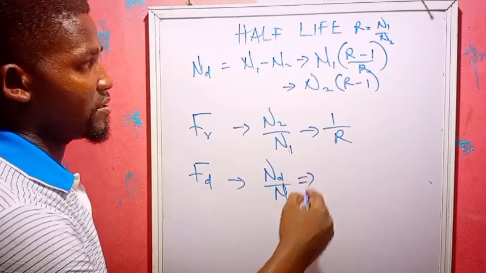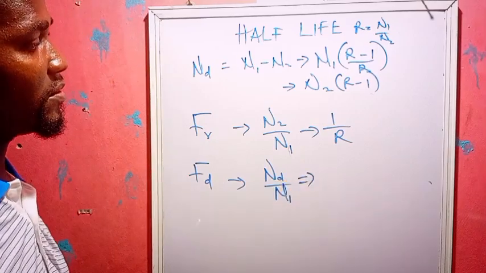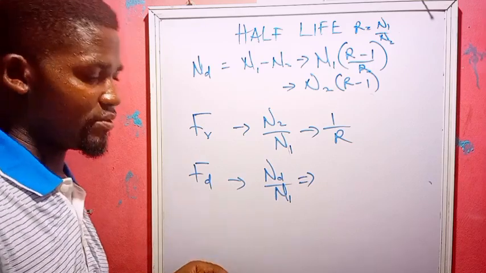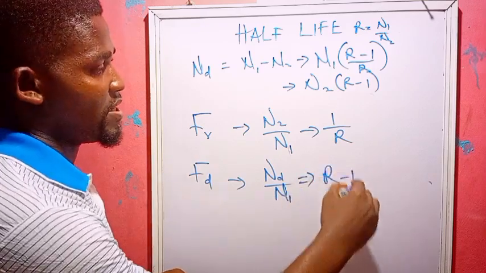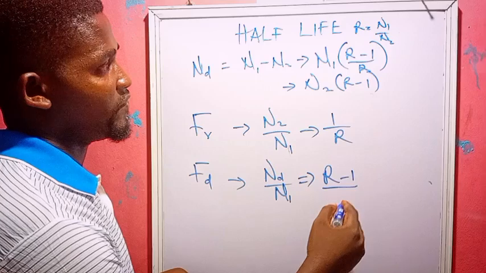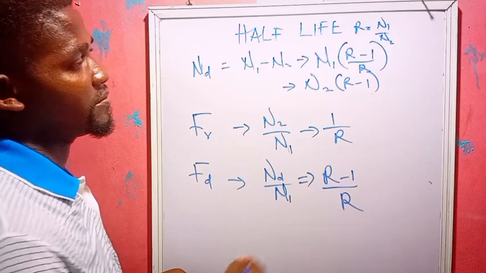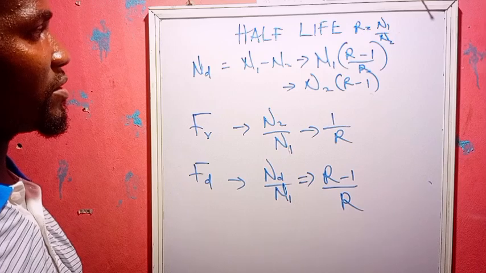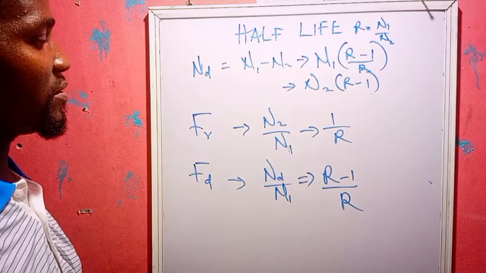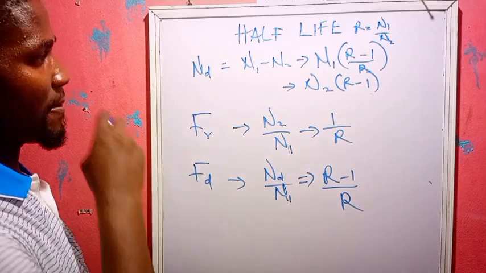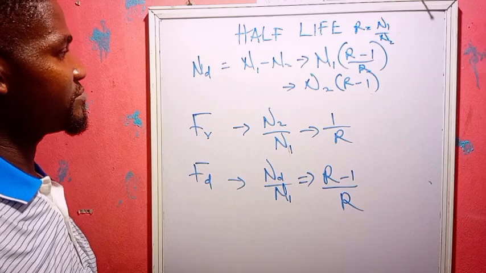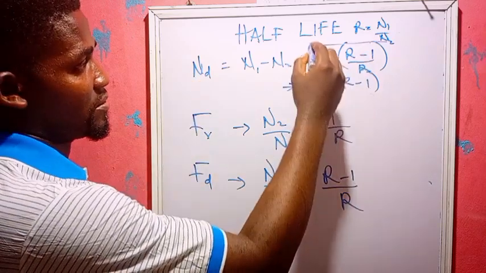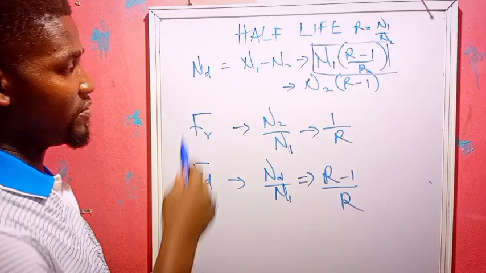Remember, we can have this also as R minus 1 over R, from the previous formula we had for the number of atoms that decay.